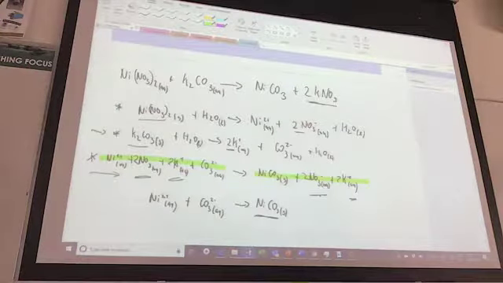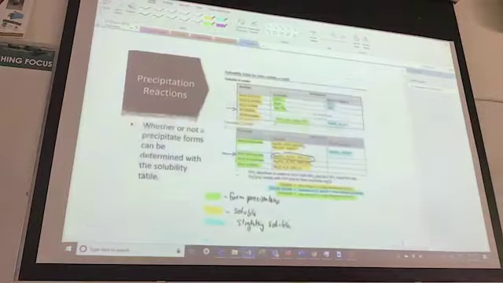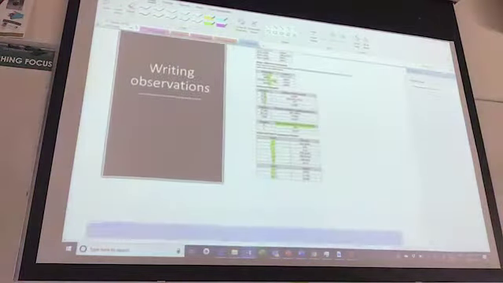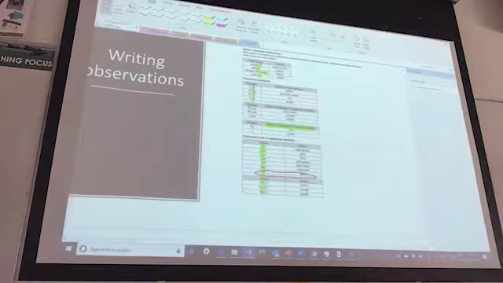If we look at our coloured ions in aqueous solution table, we can see that nickel is green.